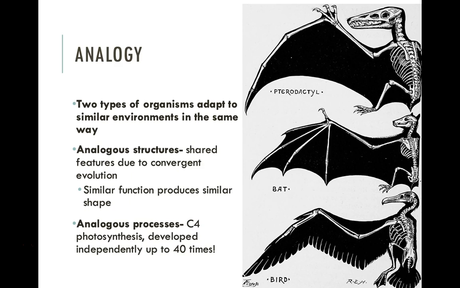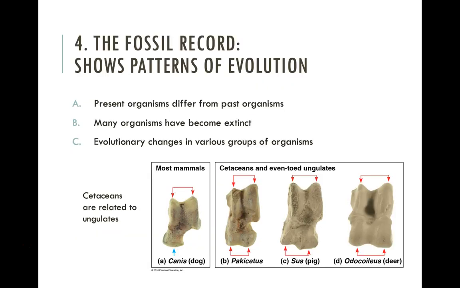So even though these plants are not sharing a close common ancestor and they're not deriving C4 photosynthesis from a common ancestor, a very similar process has come up several times in the evolution of these plants.